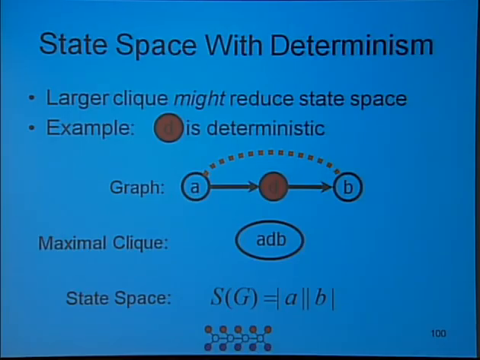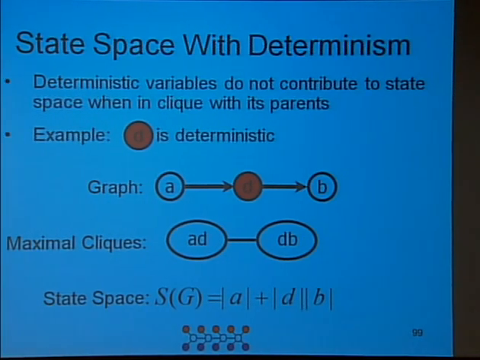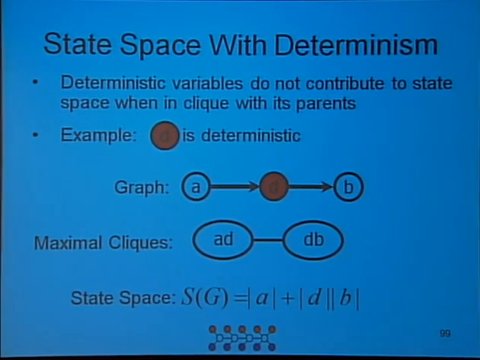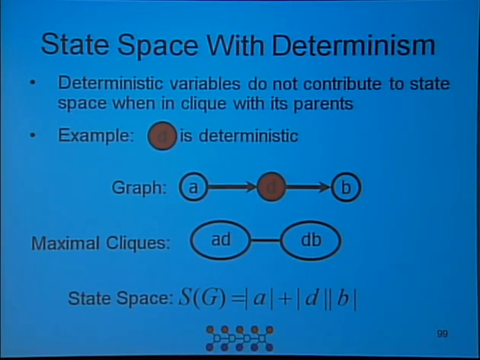Excuse me, this is a deterministic function of A. The previous slide, A plus B should always be smaller than AB, right? This DB should always be smaller. So D is always going to be smaller than A. So if this is a 100 value variable and you're collapsing it down to 2 values, this is probably better.